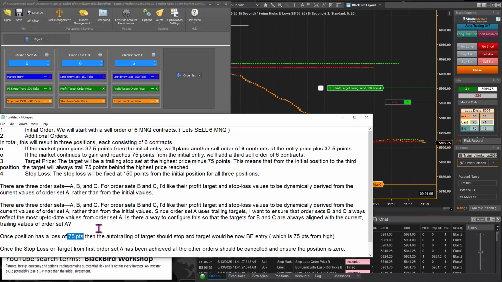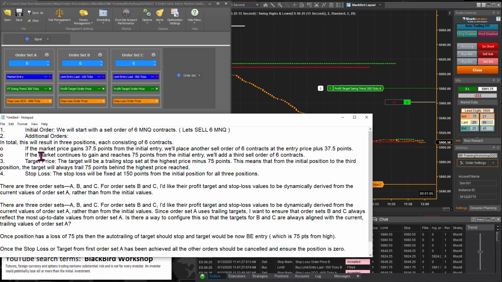So I'm thinking there are 2 ways we could do this. I think I can monitor for 70 points of loss, or I can monitor for when our entry order for C is filled, right?